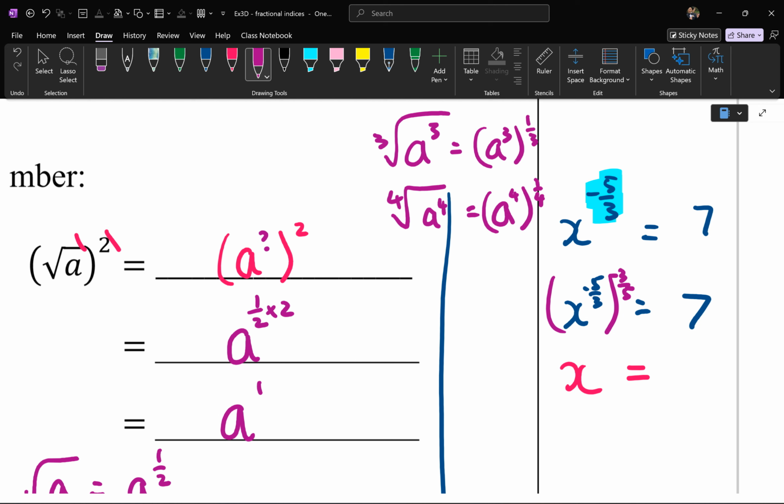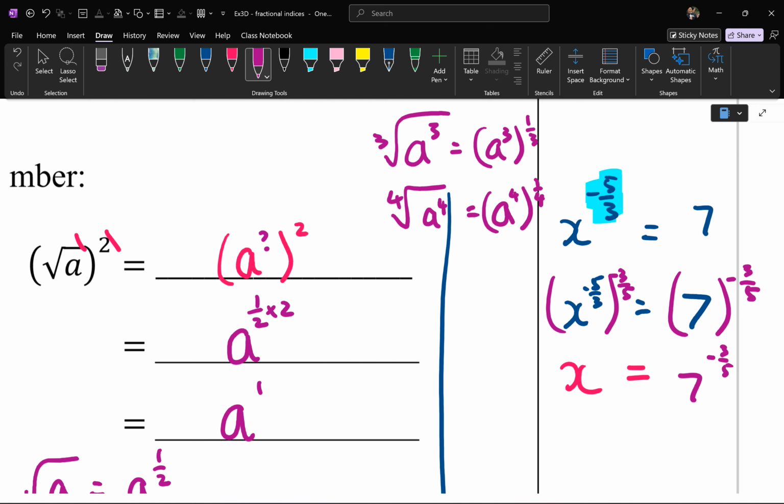But whatever you do to one side, you have to do to the other. So the answer would have been to the power of negative 3/5 on this side, which Andrew was pretty close, except she did the 3rd root, which is 1/3. But instead of third, it should have been cubing, because it's opposite of cube rooting. Yeah? So the answer would have been 7 to the power of negative 3 on 5.